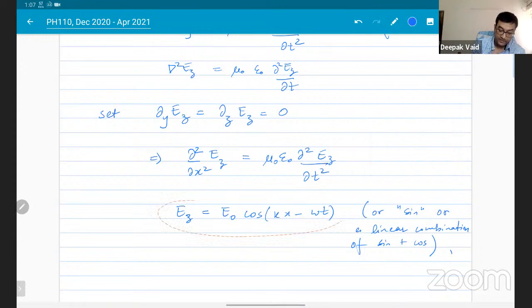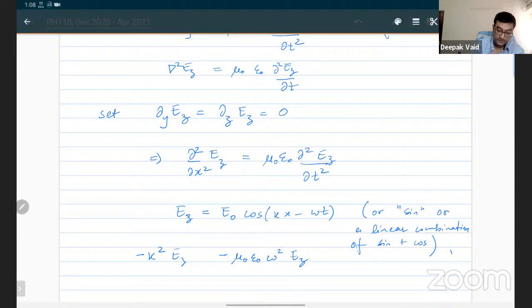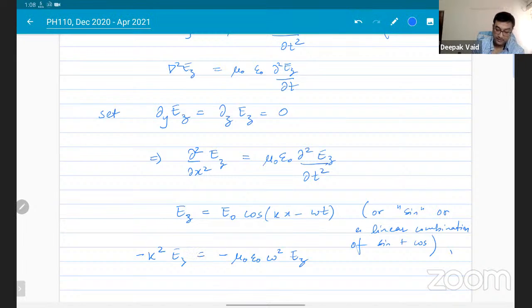Now let me plug this expression back into this equation. What do I get? On the left side, I will get minus k square Ez. On the right side, I'll get minus mu naught epsilon naught omega square Ez.